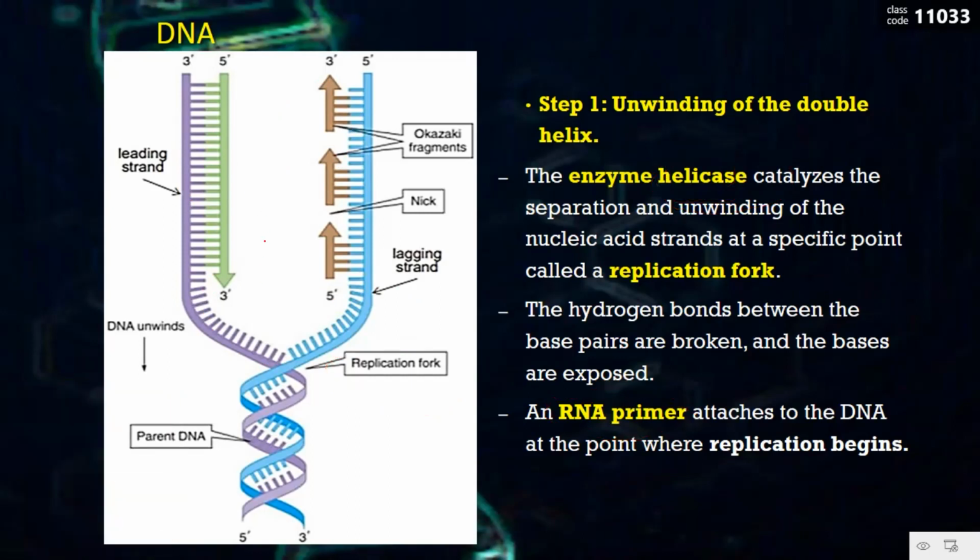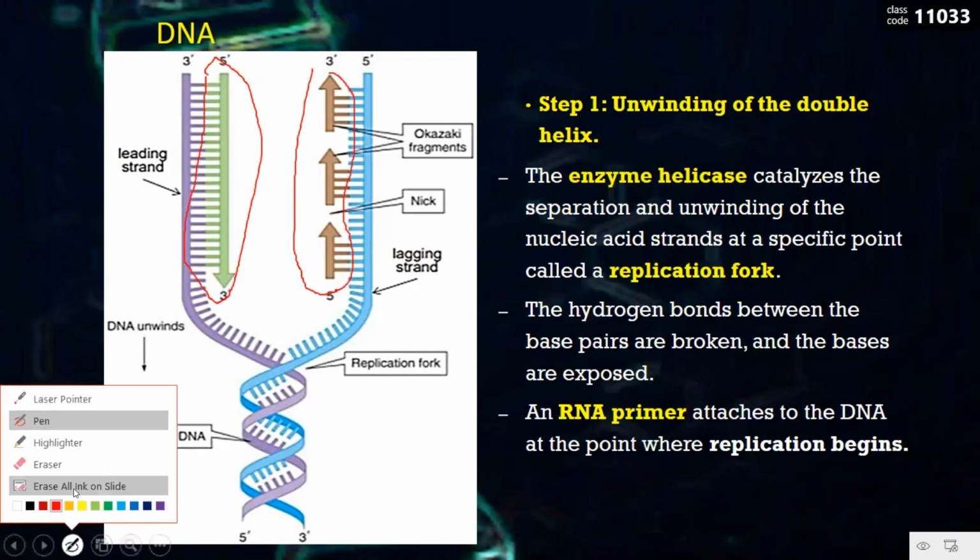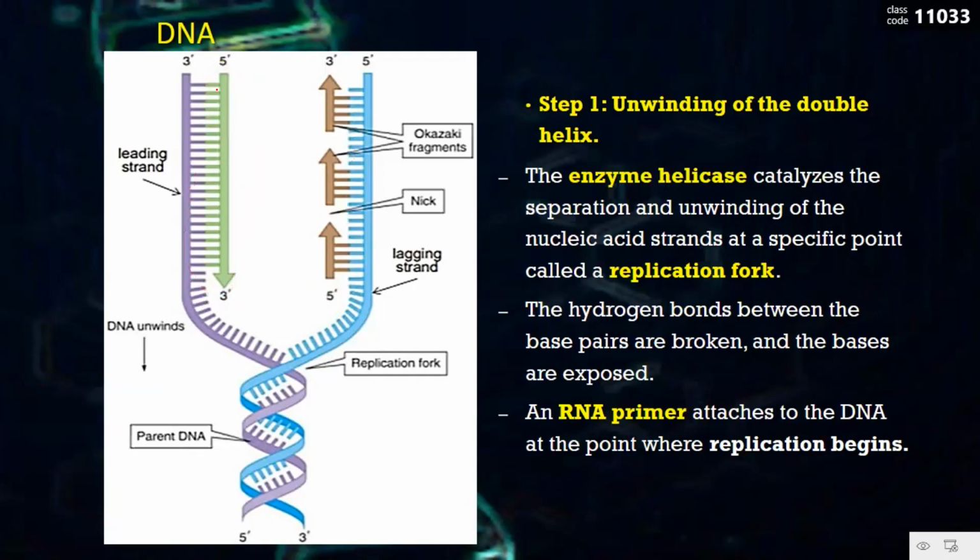Anong na-observe ninyo dito? Di ba meron tayong violet and blue strand from our DNA? What can you observe doon sa primers na nakakonect sa kanila? The green one and the brown. Anong na-observe ninyo? Okay, what can you observe doon sa primers in the violet and blue strands?